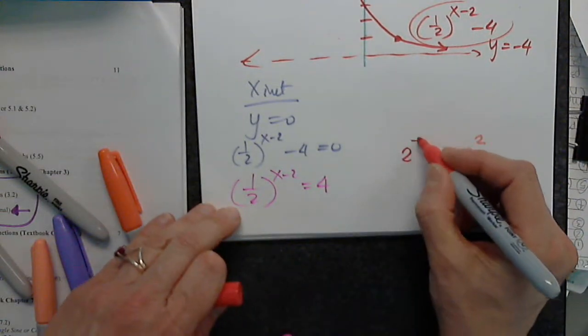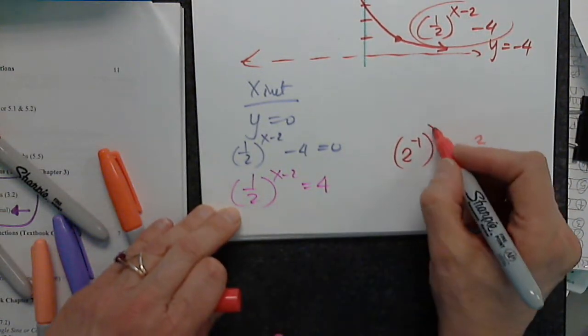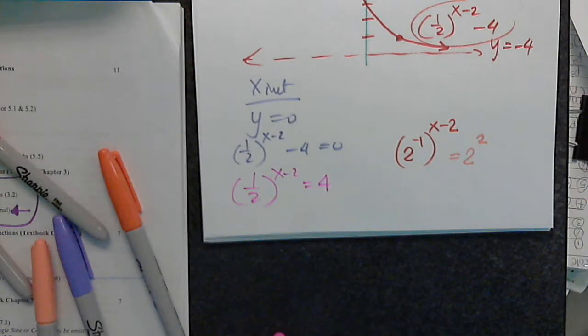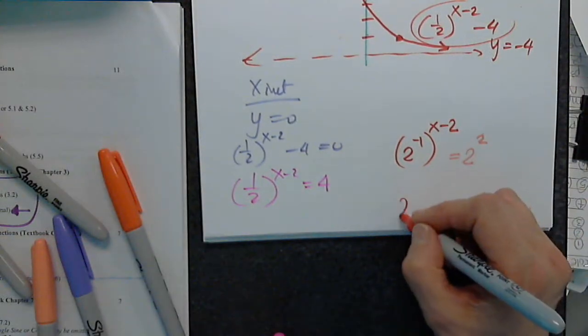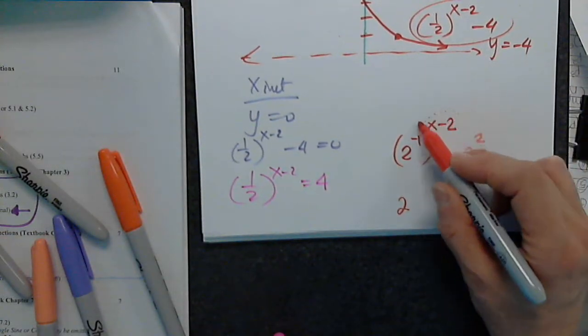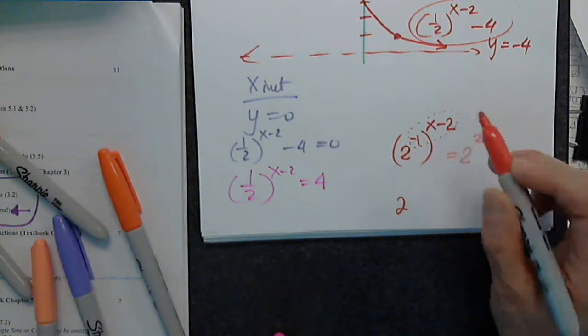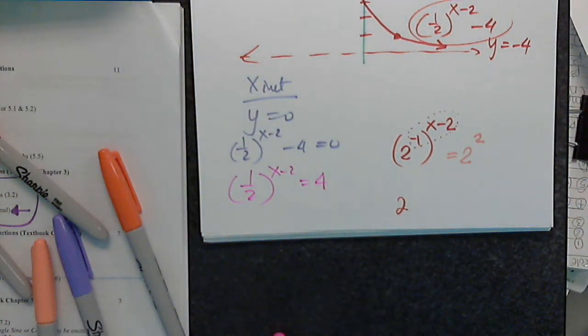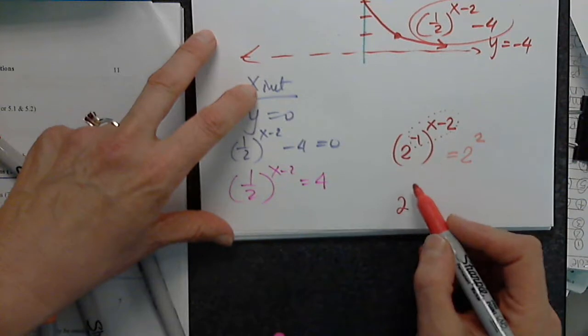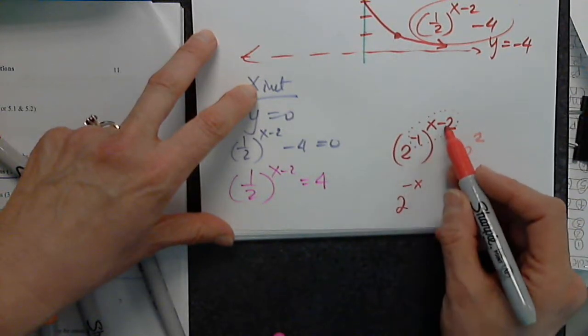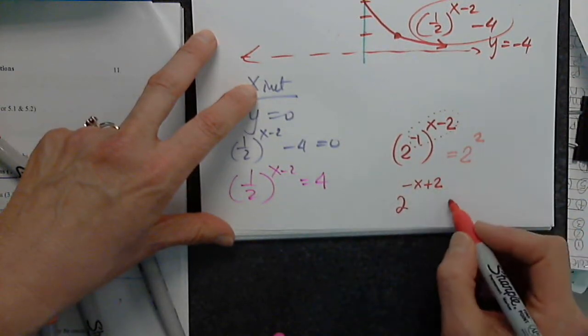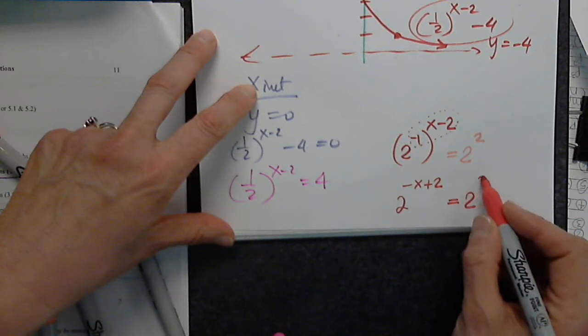Exactly. And I still have to copy the rest. Perfect. So now I copy the base, and what happens to these exponents? What operation do I perform with -1 and x minus 2? Correct. So -1 times x is -x, and -1 times -2 is +2. And the right-hand side is 2 to the second power.